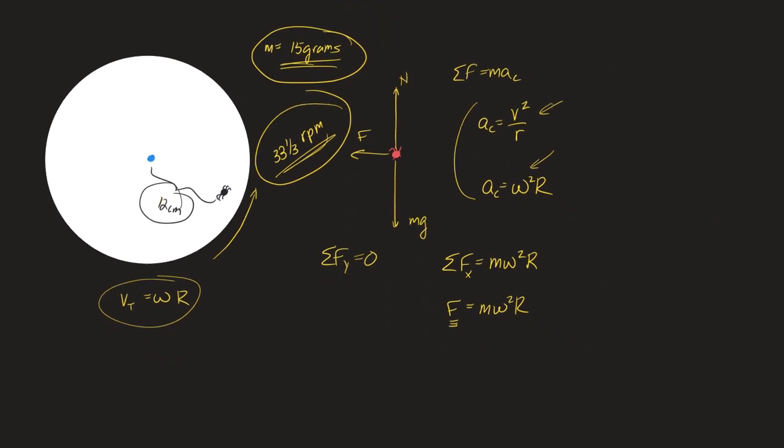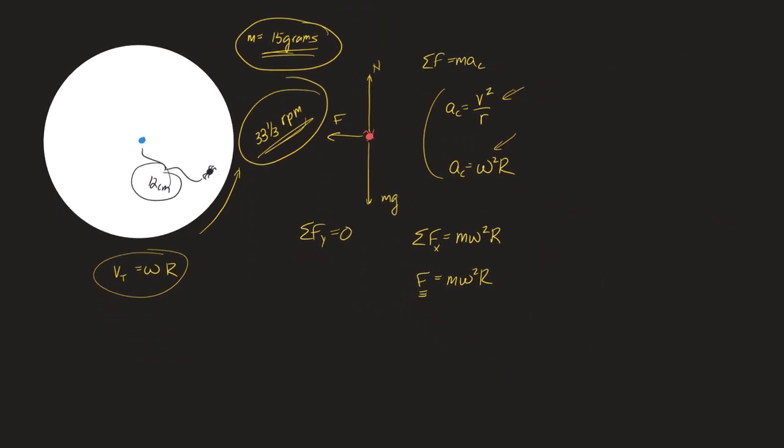Let's start with the fact that none of those were in the proper unit. Not one. The mass has to be in kilograms, not grams. The distance, the radius, has to be in meters, not centimeters. And 33 1/3 RPM has to be in radians per second, not rotations per minute. Everything had to be converted.